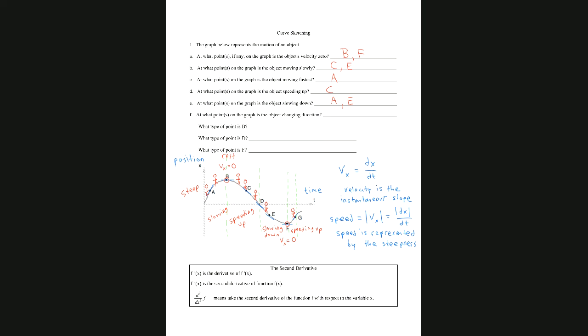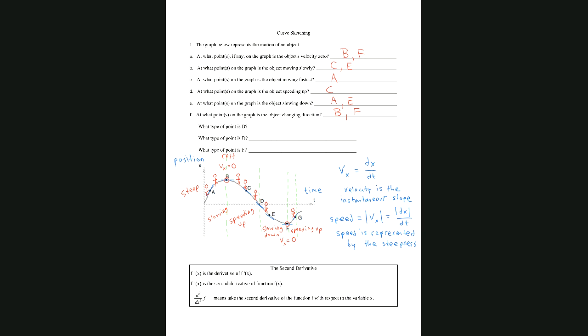Now, at what points is our object actually changing direction? Well, you're going in the positive x direction at the start. Then at point C, we're actually moving the negative x direction. And so B would be a place where we are changing direction. And so would F be.